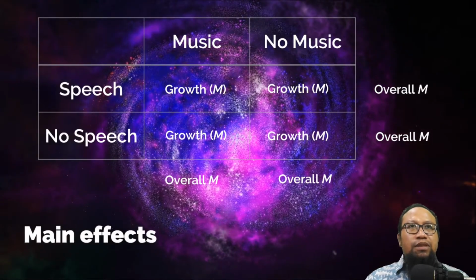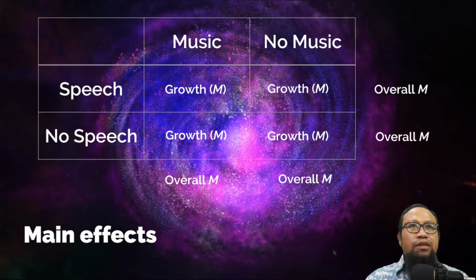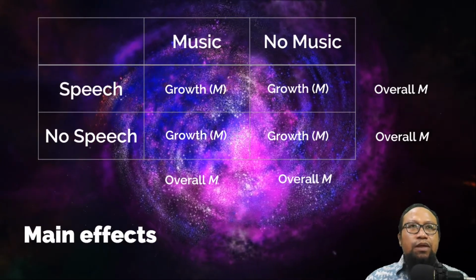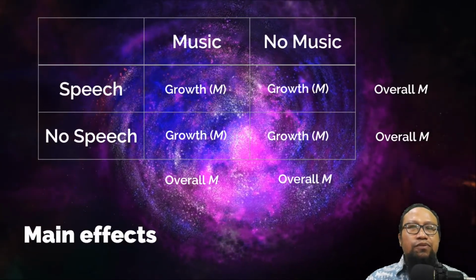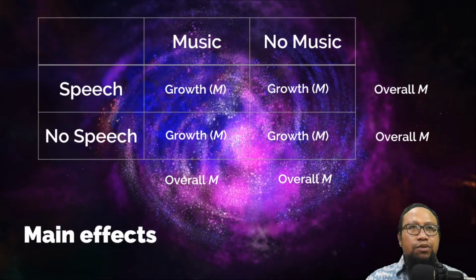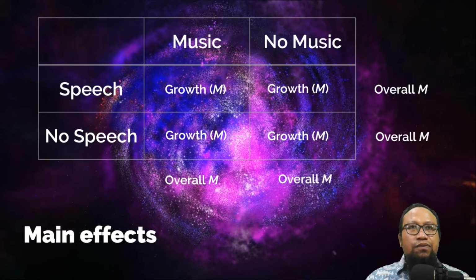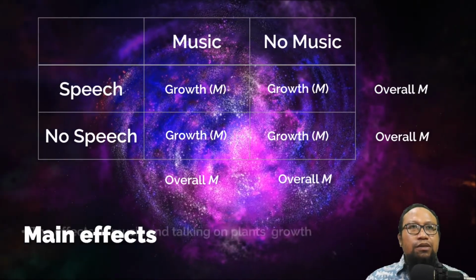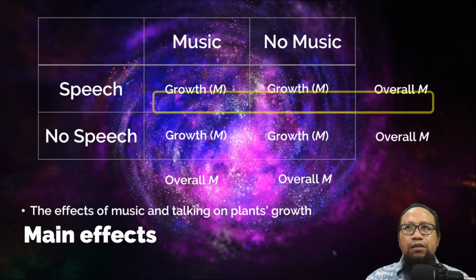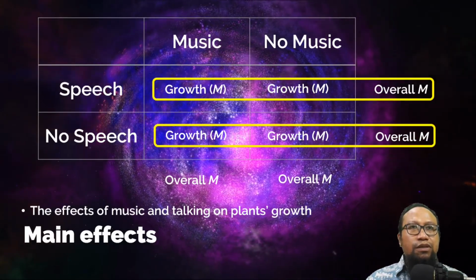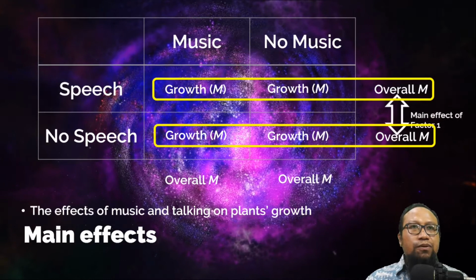If we put the experiment in a shorthand notation, it will be like this. This is a 2x2 factorial design to investigate the effects of music and talking on plants' growth. The difference between the row means or averages defines the main effects for one factor.